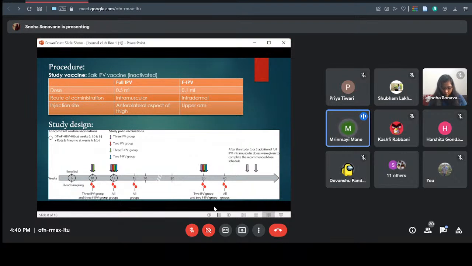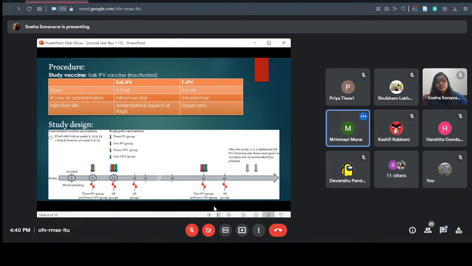All the infants were monitored for 30 minutes after vaccination in order to check for any immediate adverse reactions. And the parents were asked to record solicited local reactions like pain, redness, induration at the site of injection, and body temperature for the next 7 days.